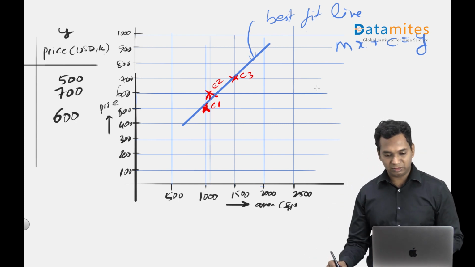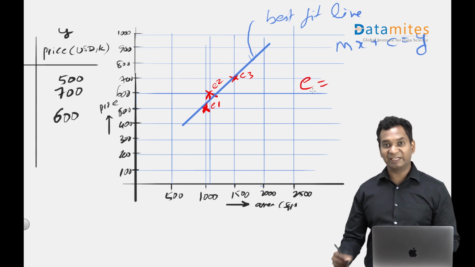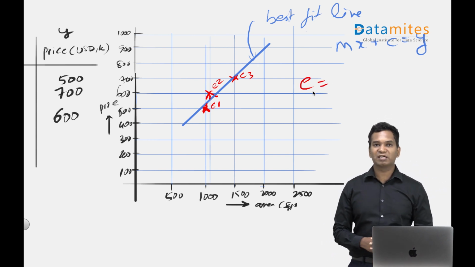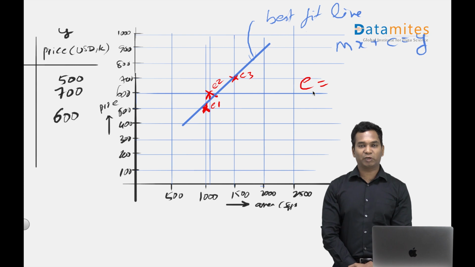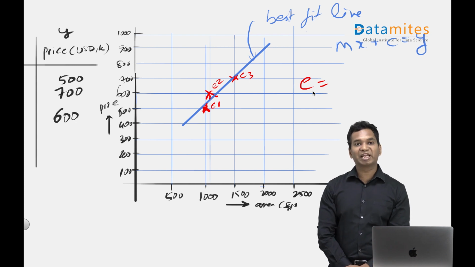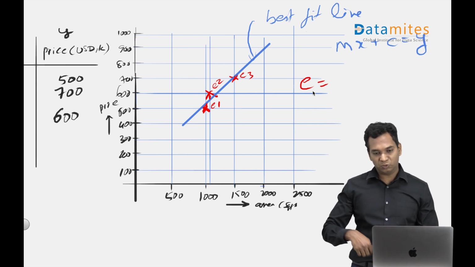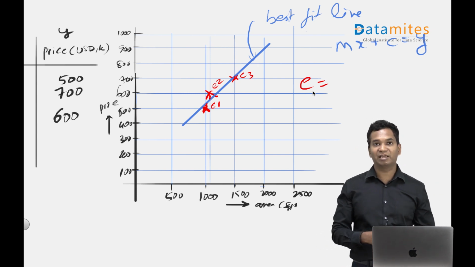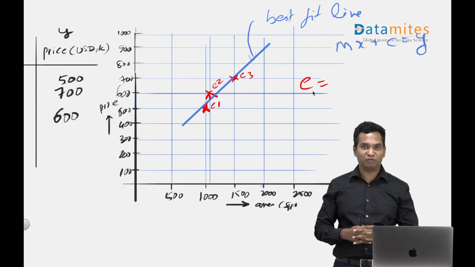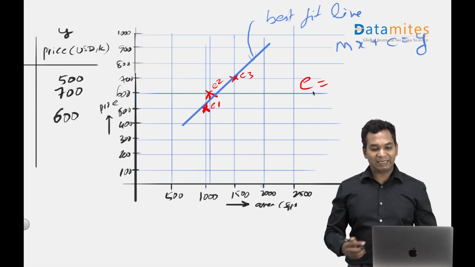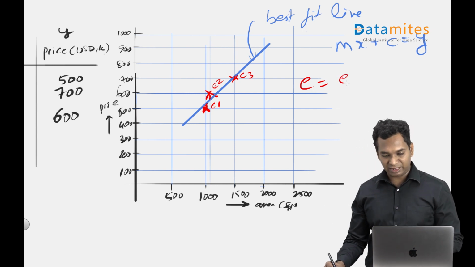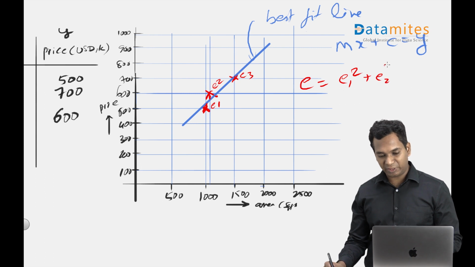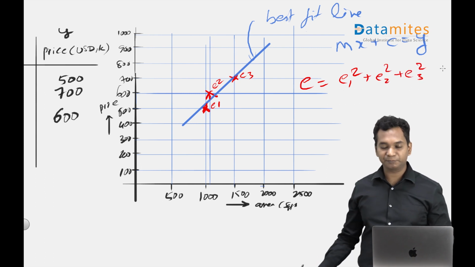All right, and then we try to create an equation which sums up all of these errors. These errors can be negative and positive. So what we can do is take absolute values. If we do that, we call it the L1 cost function or loss function. So let's take a square of it. So I'm going to take E1 square plus E2 square plus E3 square.